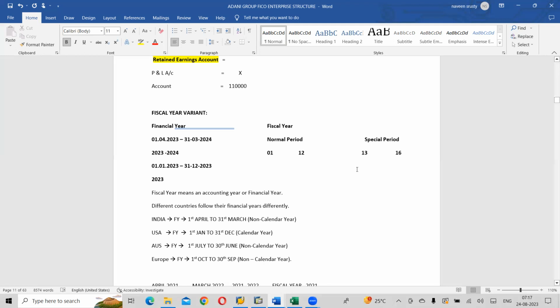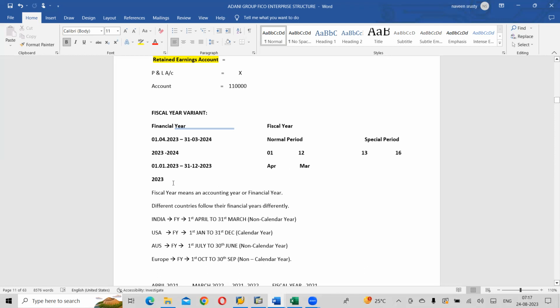So here, this is April and ends at March. What is the fiscal year? 9 months are related to 2023 and 3 months are related to 2024.